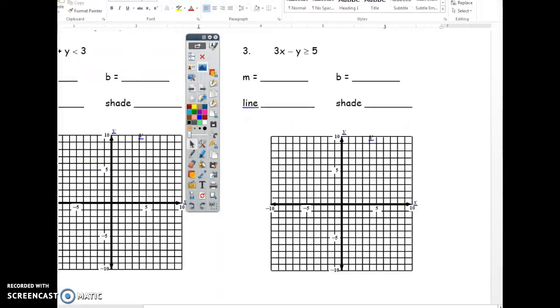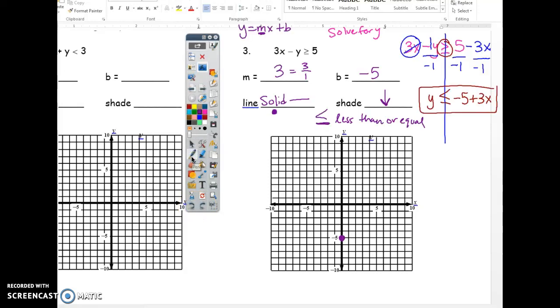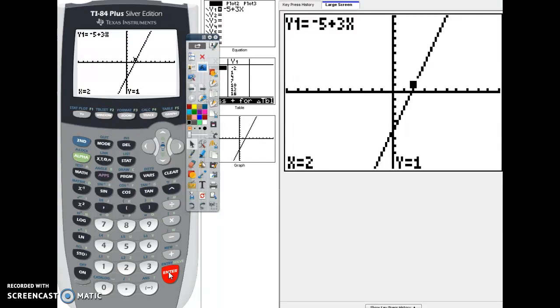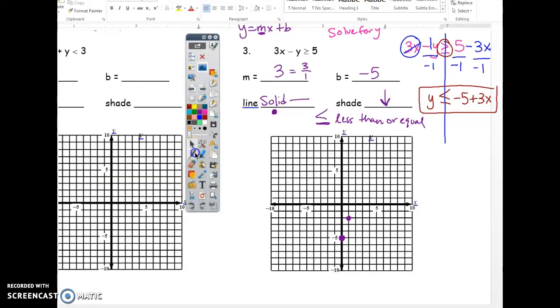So let's go plot that point. 1, -2. Keep going, go to 2 enter. Plot that point. 3 enter. Plot that point. So it was 1, -2. It was 2, 1, and it was 3, 4.